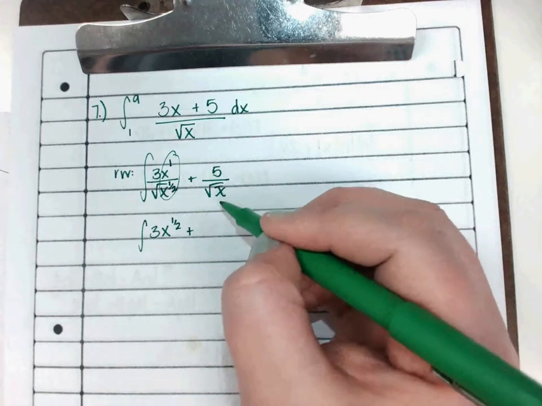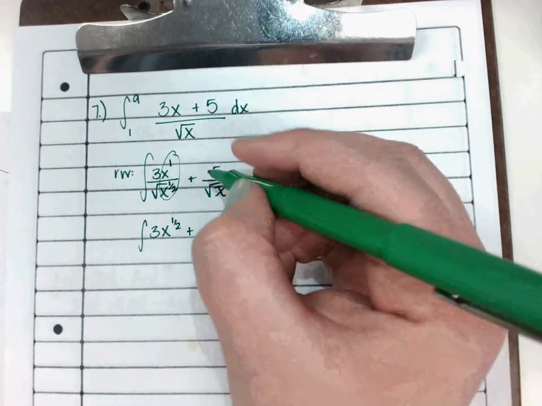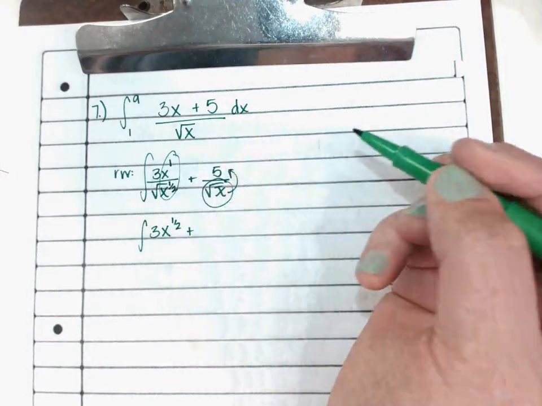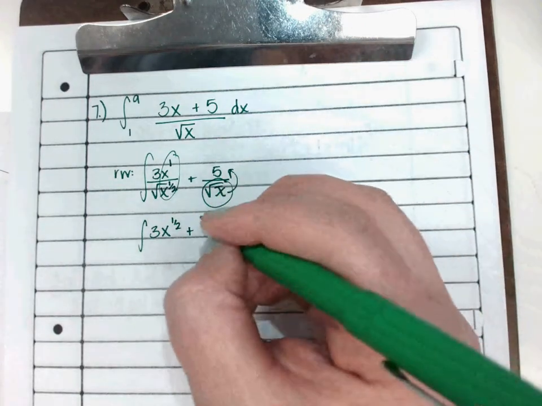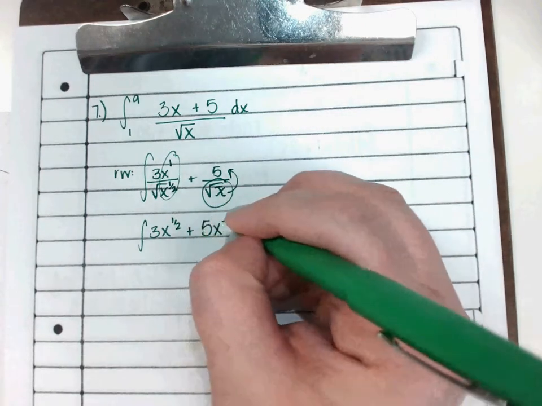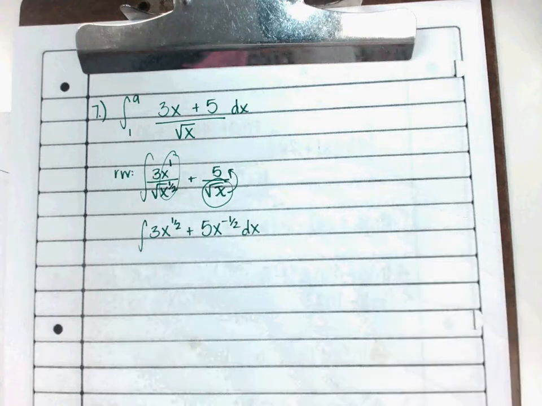He doesn't have any x's on the top to subtract with, then I can just bring that up and turn it negative. So the second term is 5x to the minus a half. Does that make sense? So here, when you have x's on top and on bottom, you minus to know how many are left over. But since he only has an x on the bottom, I just pull it up, turn it negative, move on.